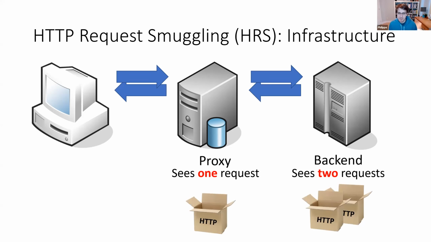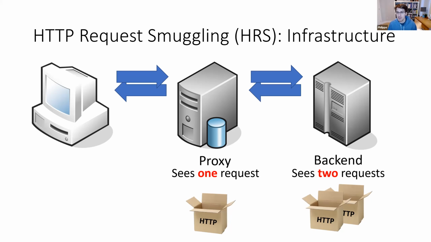Sometimes the proxies will see one request and the backend will see two requests. Or sometimes it's going to be two requests, but the two requests will be interpreted differently. And this is where request smuggling comes in.